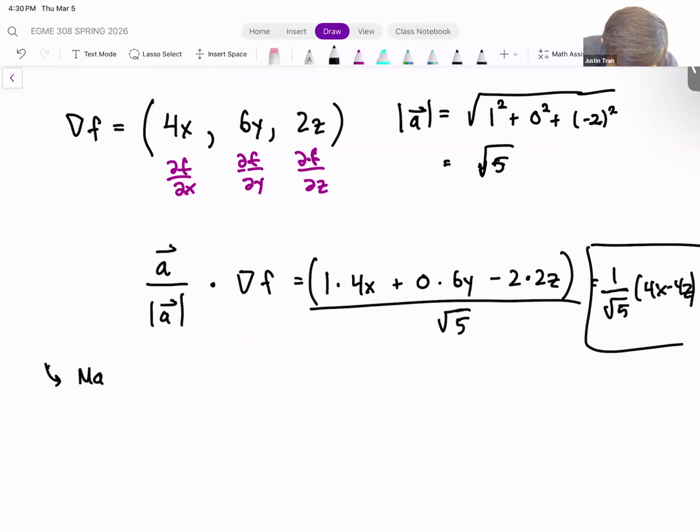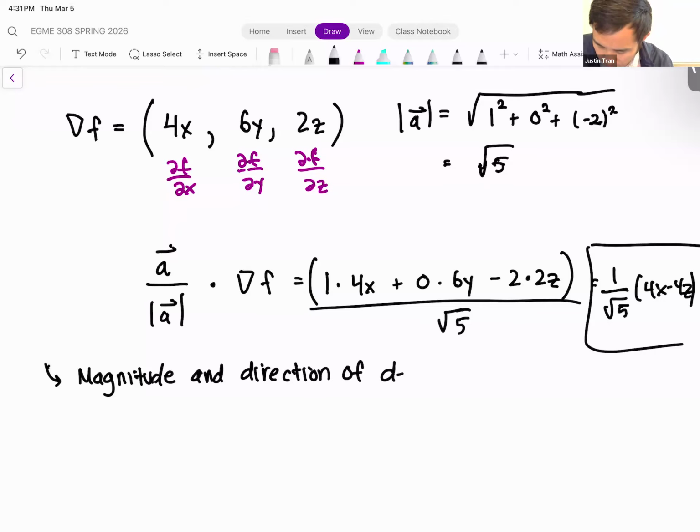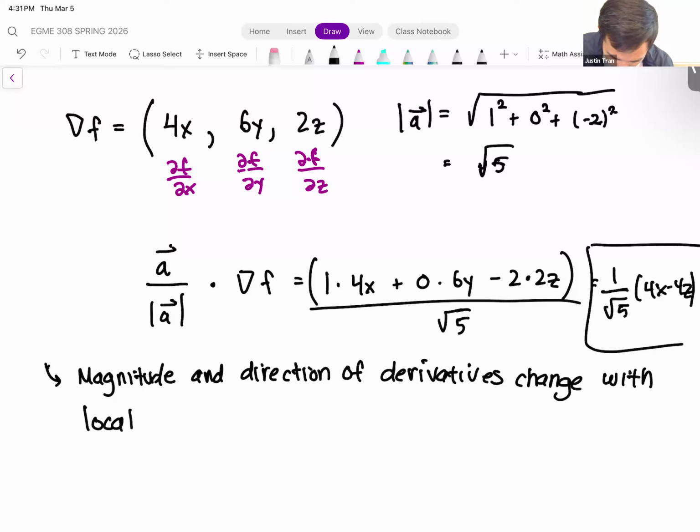So the magnitude and direction of derivatives change. You can plug in different values for x, y, and z, and you're going to get different gradient values, different rates of change depending on where you are. And that makes sense too, right?